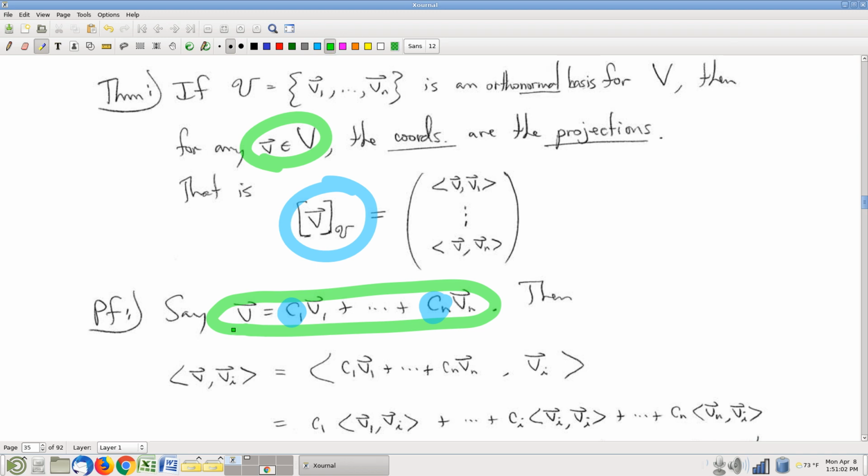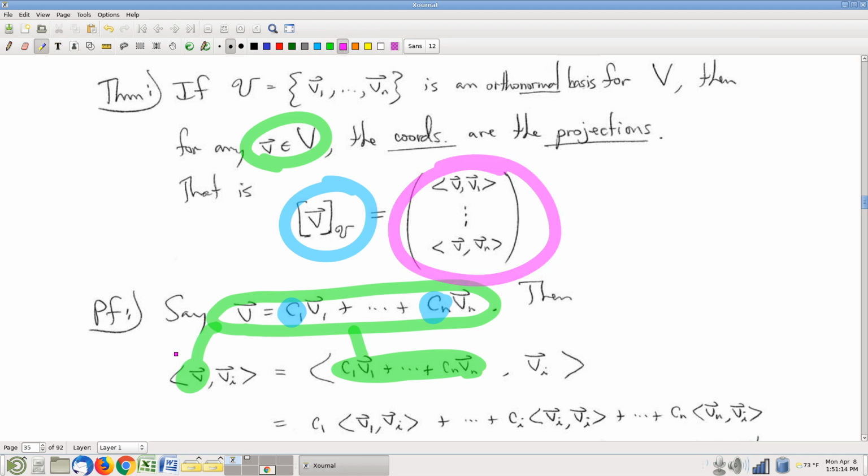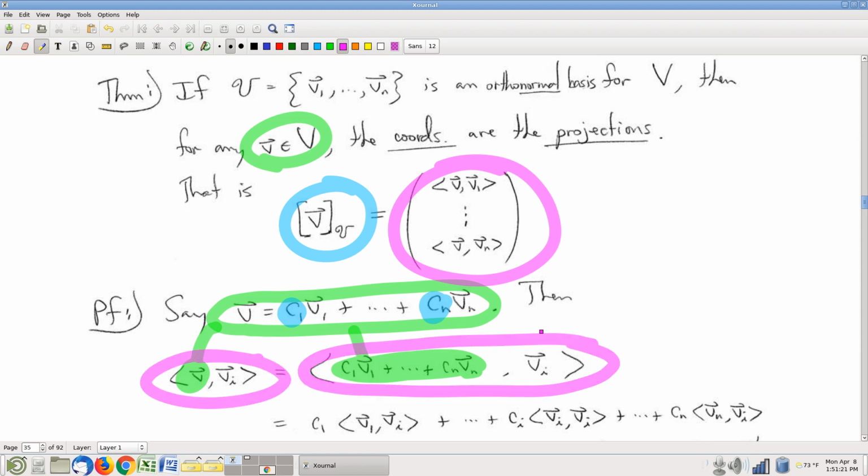Well, that's what this vector v is. So I can write that vector v right there. And now let's look at the projections. How would I go about finding these projections? Well, projections are computed with inner products. That's how I compute the projections. And so it's just a matter of computing here.